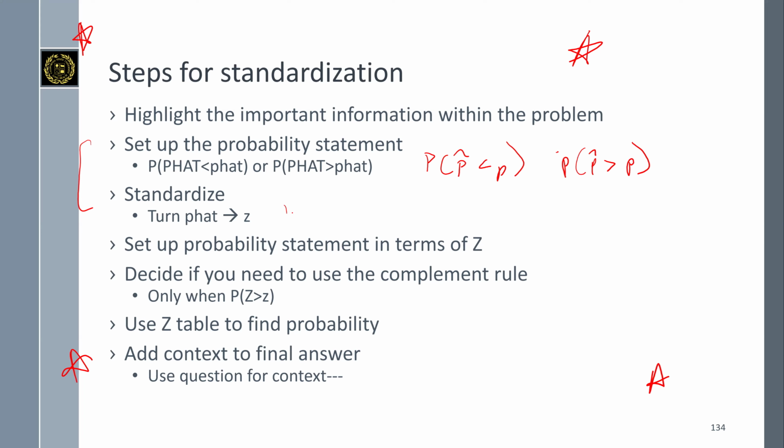You want to transform p hat into z using this formula. Remember that this formula is square rooting the entire thing. From there, the steps remain the same. And again, we will do practice problems when we see each other.